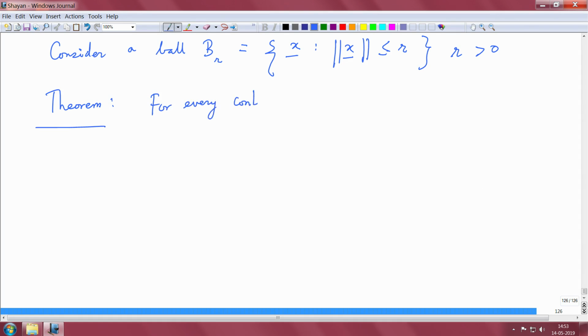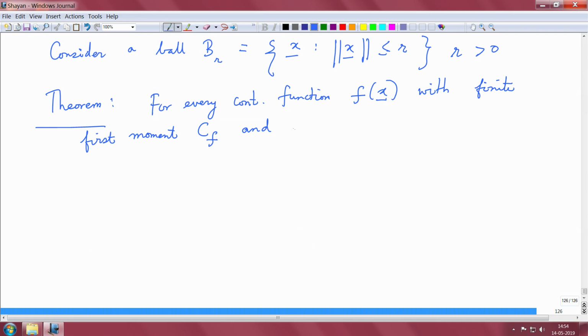For every continuous function f of x, that is function acting on the data vector with finite first moment c suffix f, and every m1 which is greater than or equal to 1, that means I should have at least one such unit here.